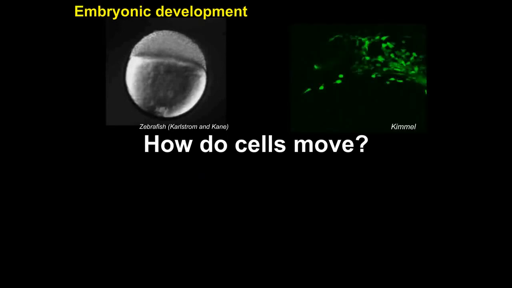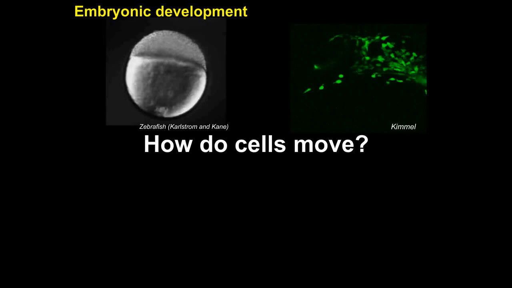Now, cell movement is particularly critical during embryonic development. Embryonic development requires both collective and individual cell movements. Many different cell types have to migrate over a complex embryonic terrain to get to where they need to be for proper tissue assembly and organ formation.